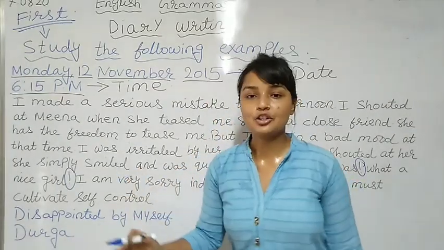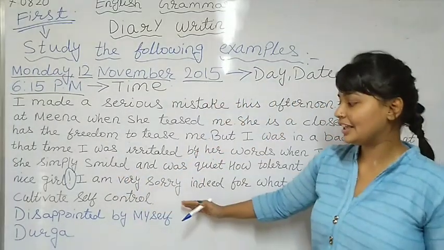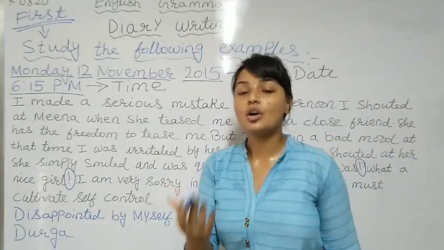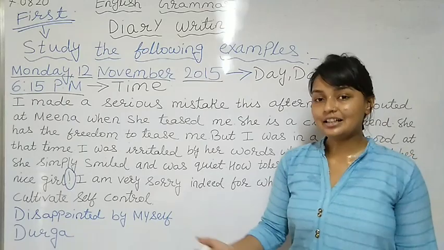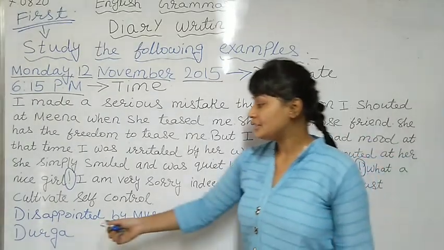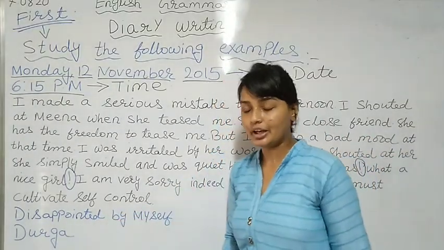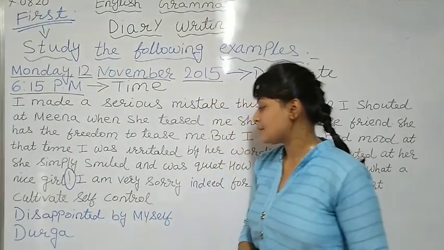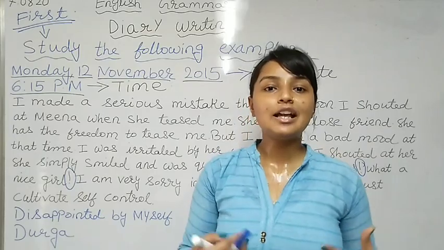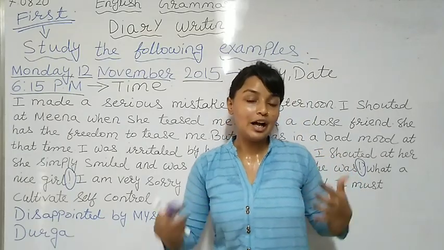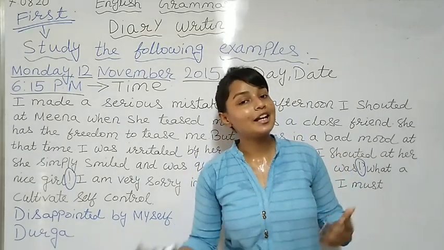Then afterwards, when you have completed the whole diary, whatever feelings you wanted to write, then lastly, you would like to write this one. Disappointed by myself. Means at that particular time, what type of feelings are you having? It's joyful, it's very sad.